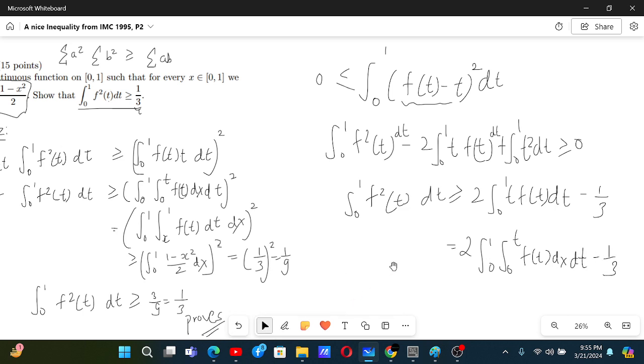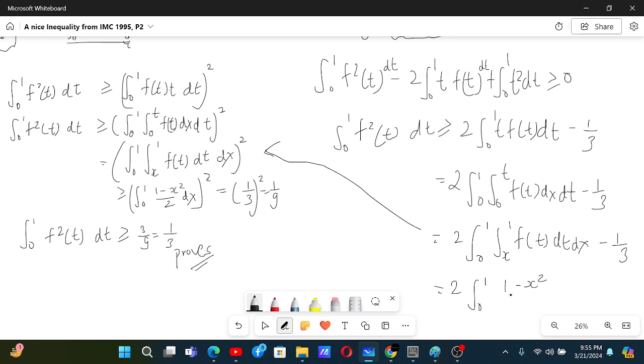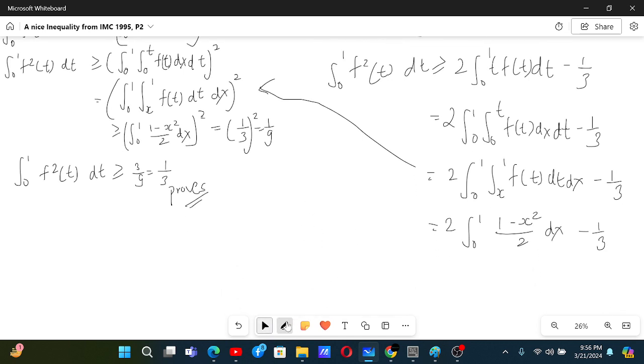And now this is 2 times the integral from 0 to 1 of the integral from x to 1 of f of t dt dx, just like we did earlier, minus 1 by 3. Now the integral from x to 1 of f of t dt gives 2 times the integral from 0 to 1 of (1 minus x squared) by 2 dx minus 1 by 3. This integral is just 1 by 3. So 2 times 1 by 3 minus 1 by 3 is just 1 by 3.